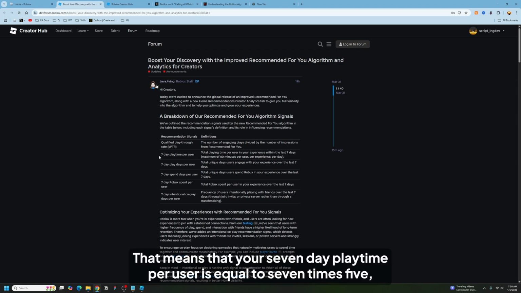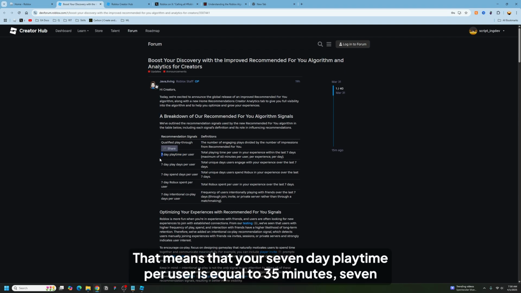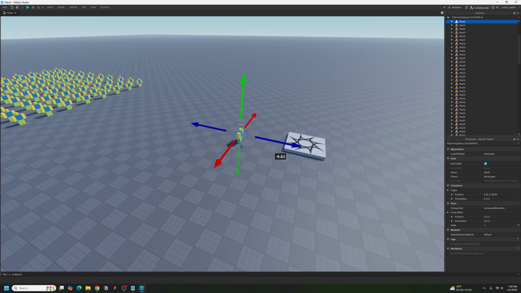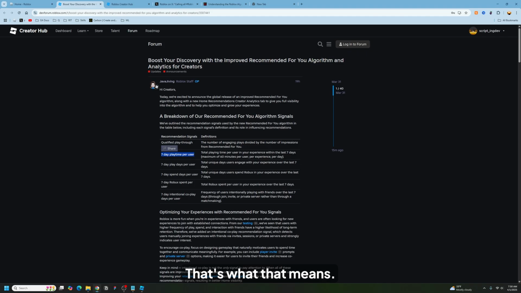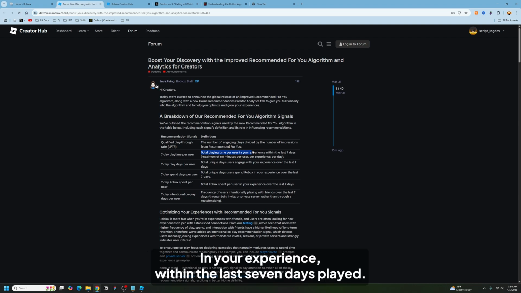What does that mean? That means that your 7-day playtime per user is equal to 7 times 5. 7 days times 5 minutes every single day. That means that your 7-day playtime per user is equal to 35 minutes, 7 times 5. And that's what that means. 7-day playtime per user. This is the total amount of playtime per user in your experience within the last 7 days played.